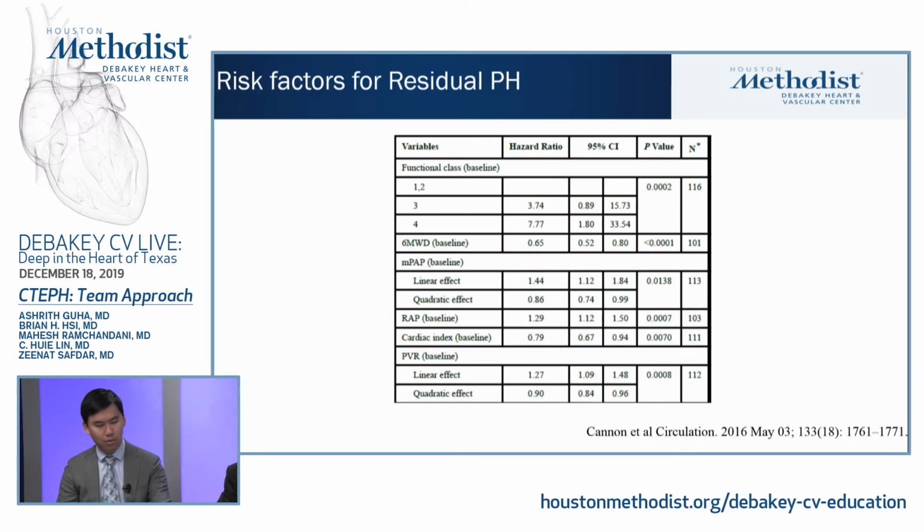So from a risk factor standpoint, I think we can see that in general, more severe disease, from a functional standpoint, from a hemodynamic standpoint, all of those tend to suggest that the surgical outcome may not be as good. But that doesn't necessarily mean that they shouldn't undergo surgery, because they still get significant benefit even if the surgical result isn't entirely curative per se.